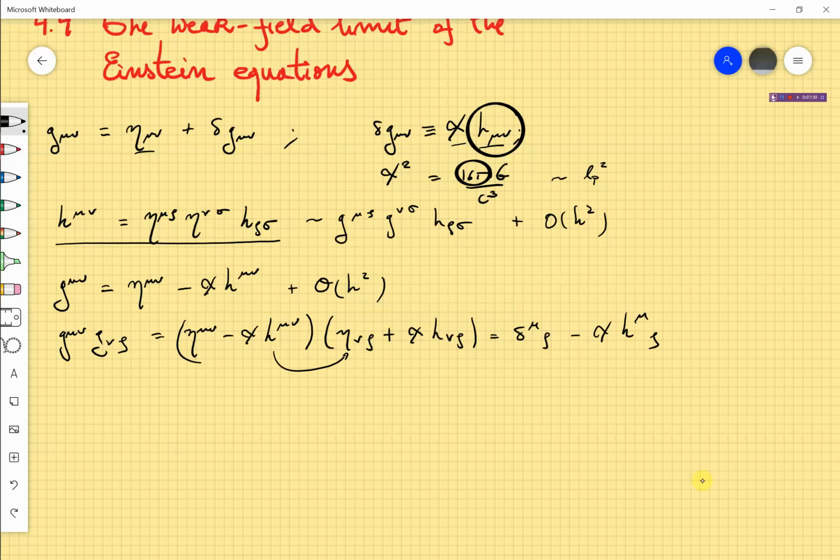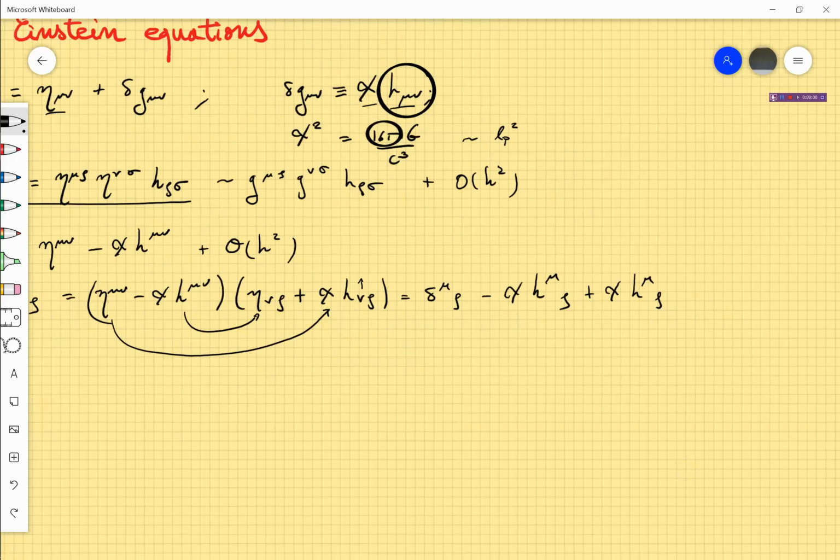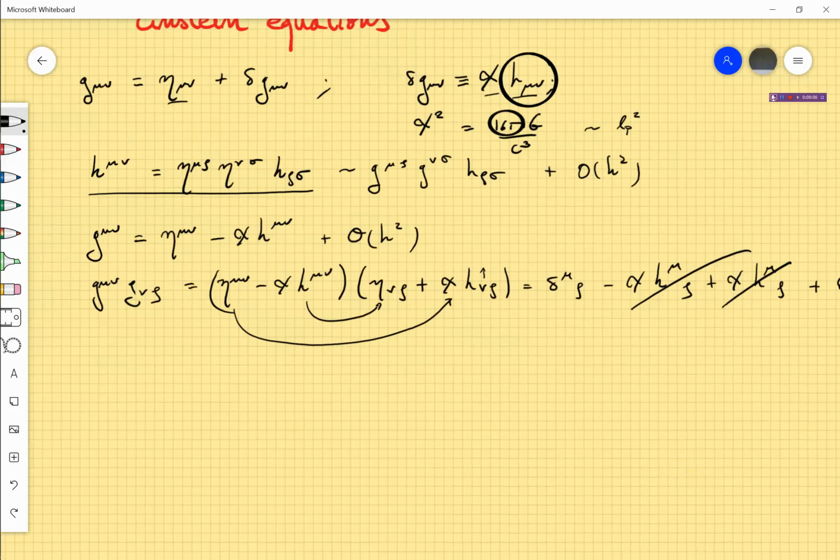Then I multiply this by this, and I get plus chi, and this raises this index nu. It is h mu rho plus terms of order h squared. But you see that these two cancel, so one is the inverse of the other to this order.